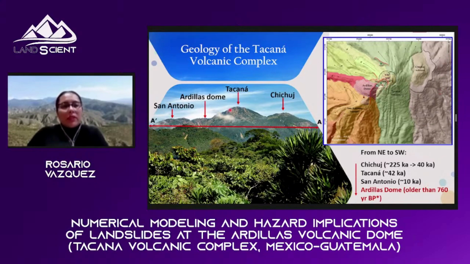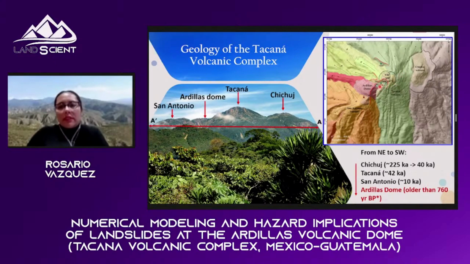The Tacaná volcano, as can be seen here, is formed by two domes, and one of these domes is dissected in two, so it forms like three little domes. The Ardillas Dome is intruded between these two structures.